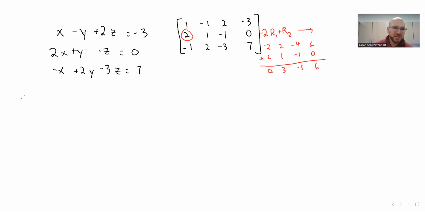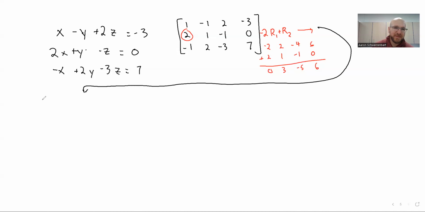So what that looks like in my matrix, I'm going to bring it down to here. Row 1 and row 3 don't change. I've simply placed my new solution that I just got from adding those into this line.